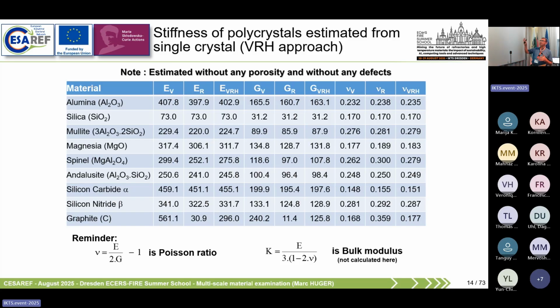And maybe it could be interesting to keep those values in mind, because these are absolutely the values that you should obtain if your material doesn't contain any defect, any crack, any porosity, or anything else. If you have a pure material, fully dense, you should be at this value. If you are not at this value, it means that you are far away from that due to many different things. Of course, in refractories, you are never at this level.